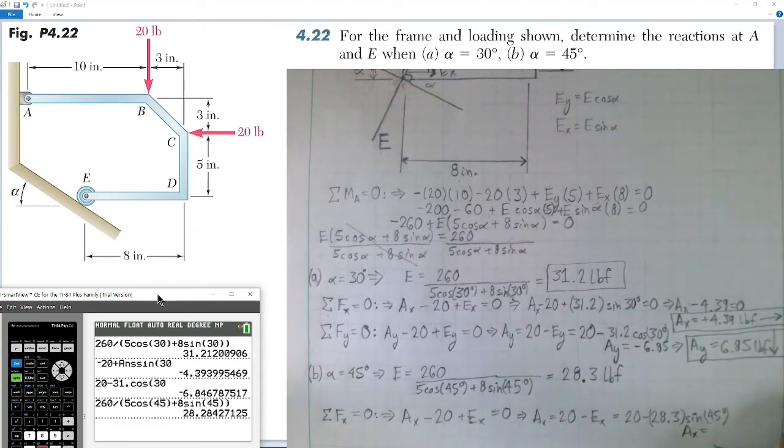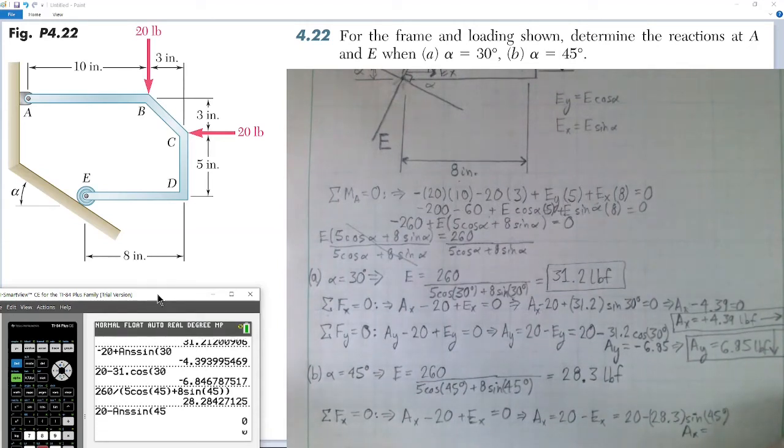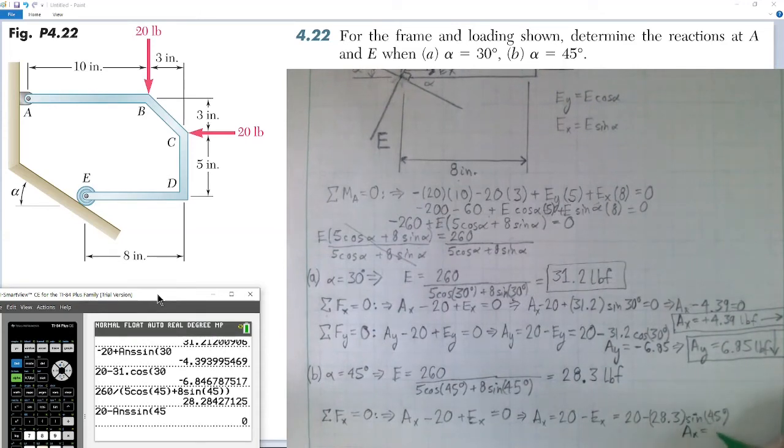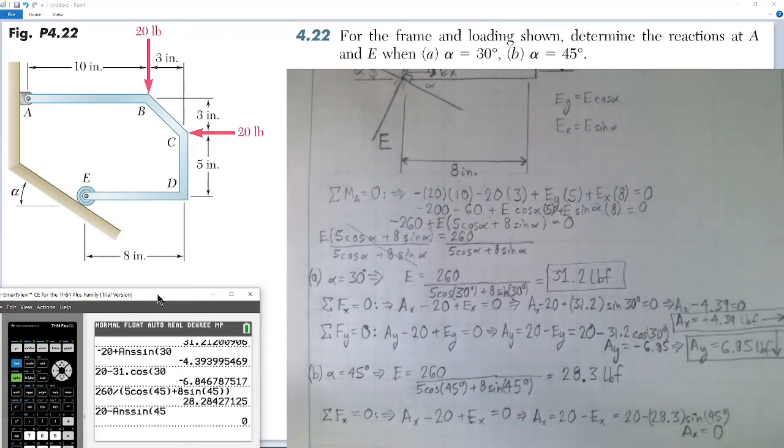This tells us Ax is equal to 0, which means we have no reaction in the x direction for the pin at A. The pin at A has no x component for a reaction. It has no force it's applying.